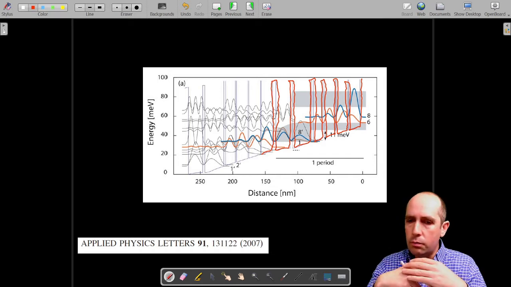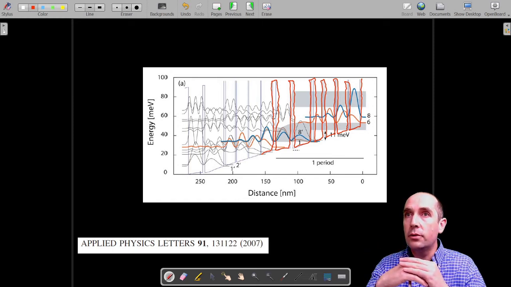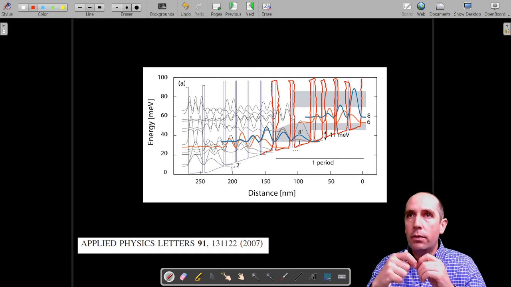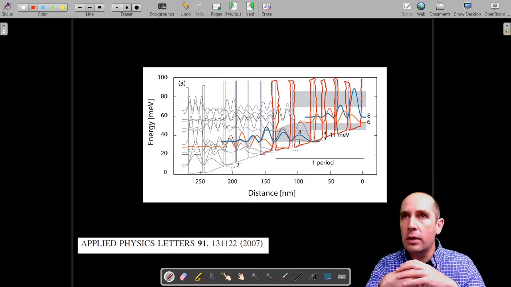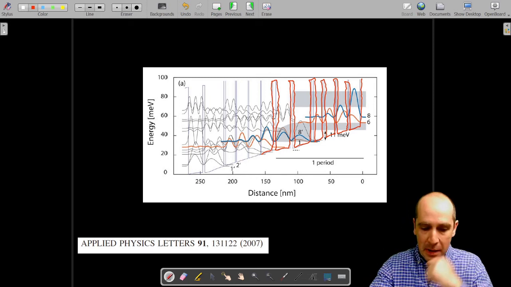In principle, you could produce sensors, you could produce all sorts of different devices that benefit from the fact that we can now place the quantum levels where we want them by just tweaking the thickness of the wells and the barriers in between these wells, which we can grow by these epitaxial methods.